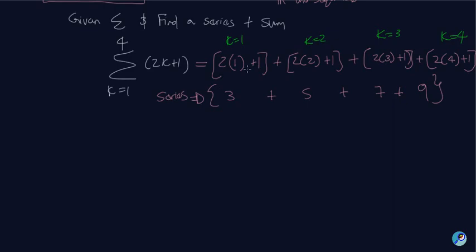So masifuna sum, it's 3 plus 5 plus 7 plus 9, which is equals to 24. So in sigma notation, the sum of 2k plus 1 is equals to 24.